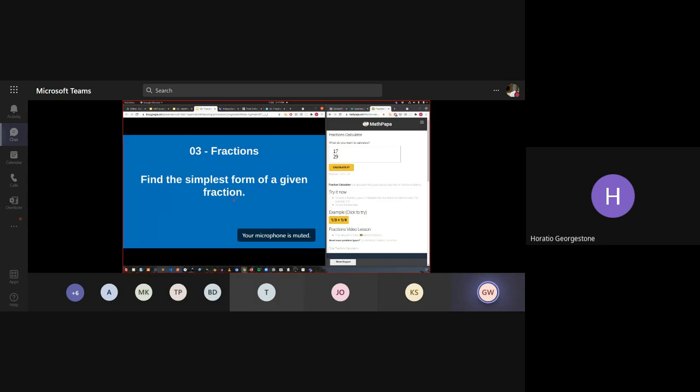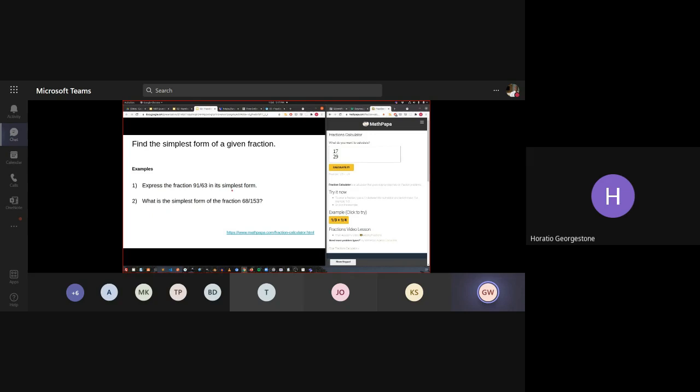Okay, so find the simplest form of a given fraction. You may sometimes need to express a fraction in its simplest form. Now, when you're doing maths without a calculator, this is quite an involved topic. There's a lot to learn.